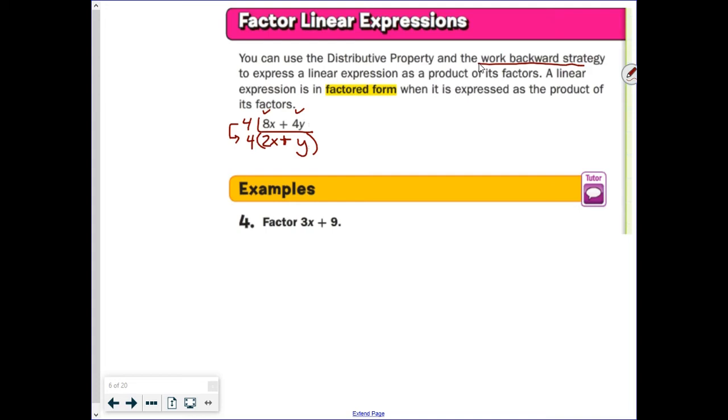Earlier in this chapter, when we saw this situation, we said you need to distribute the 4 that's outside the parentheses to what is inside the parentheses. Well, what we have actually done now is undo that. We've taken the 8x plus 4y and undistributed. We took the 4 out of it, which means we can actually check our answer to see if we're right.